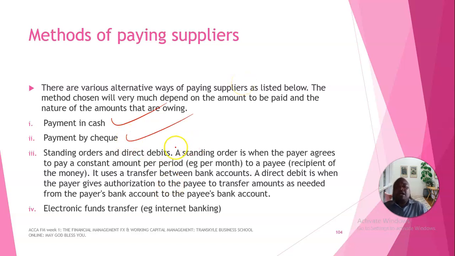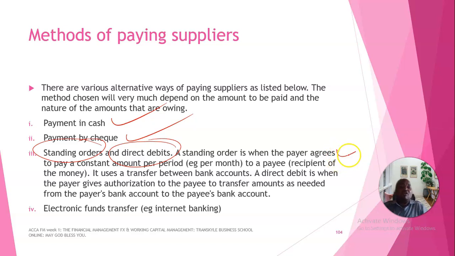But we can as well use what are called standing orders and direct debits. A standing order is when the payer agrees to pay a constant amount per period, per month, to a payee, the recipient.